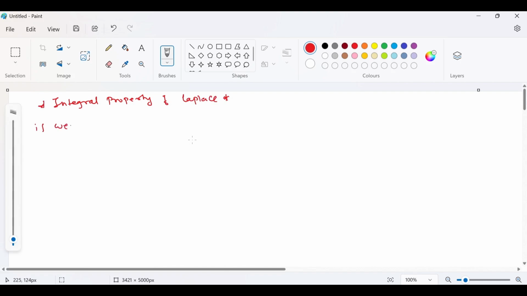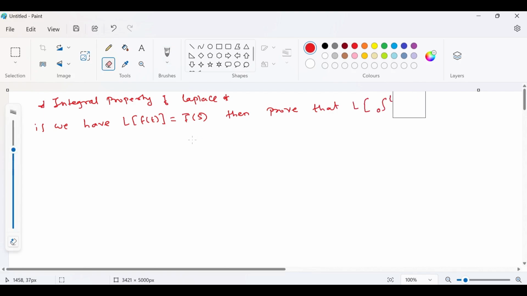If Laplace f of t is equal to f bar of s, then prove that Laplace of integration 0 to t f of t dt is equal to 1 upon s f bar of s, right?